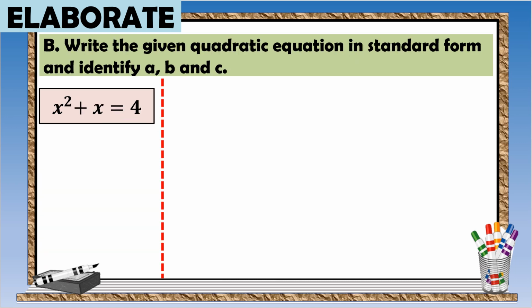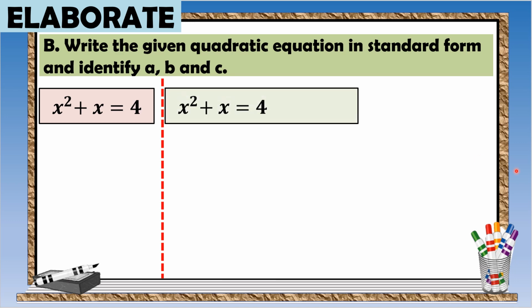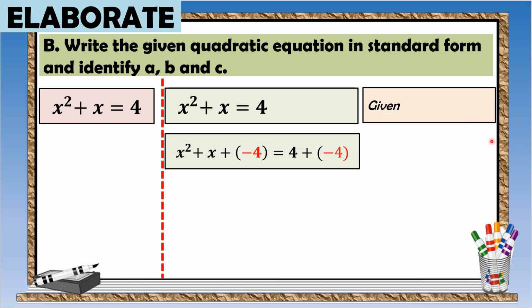Next is, write the given quadratic equation in standard form and identify a, b, and c. In this equation, we have x squared plus x equals 4. Since this is not yet in standard form, we are going to rewrite it. So x squared plus x equals 4, that is the given. Then x squared plus x plus negative 4 equals 4 plus negative 4.